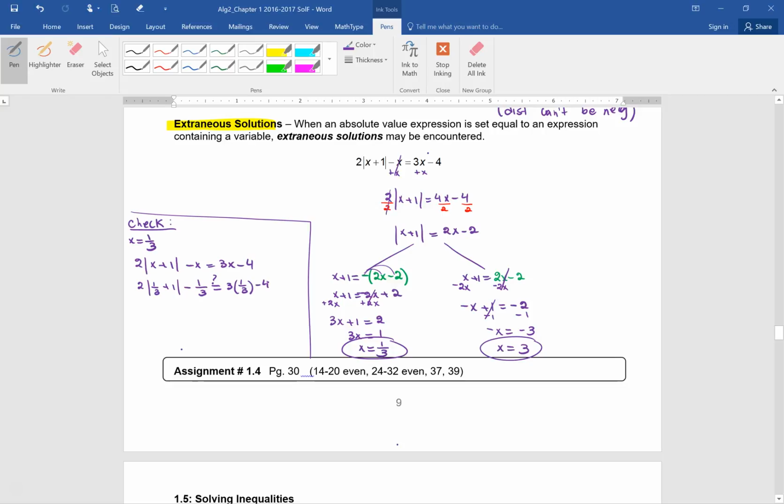This is 2 times, what does this give you? 1/3 plus 1. 1 and 1/3, which in improper fraction is 4/3. Minus 1/3. Is this equal to, what's 1 minus 4? Negative 3. Right?